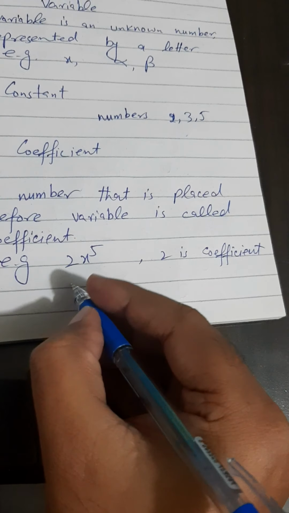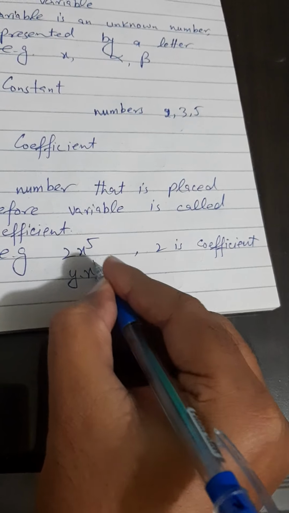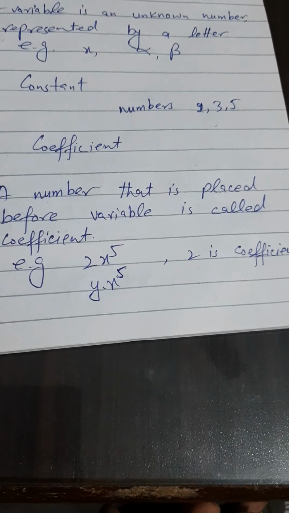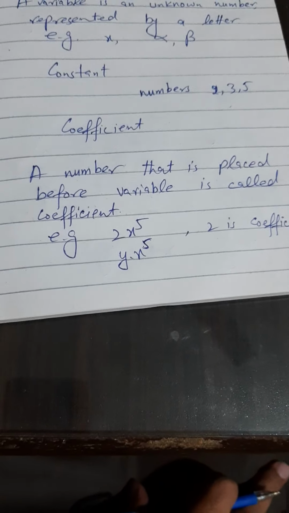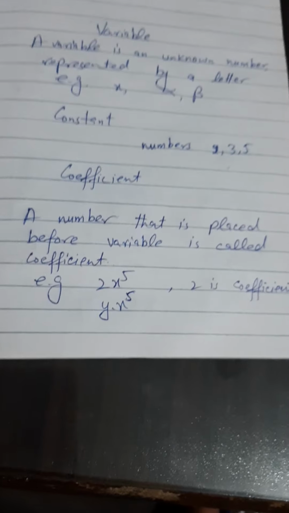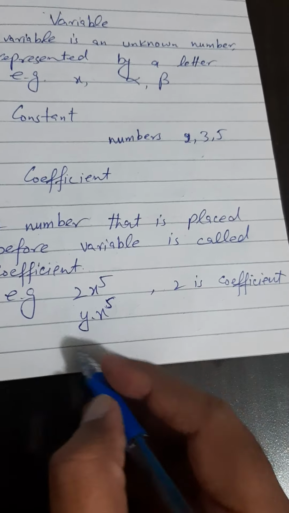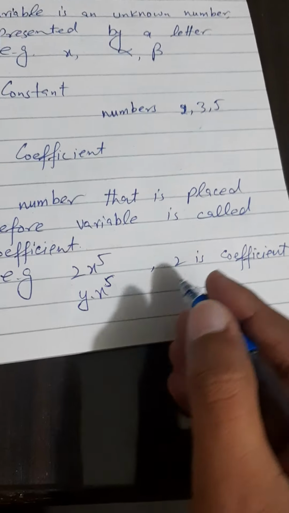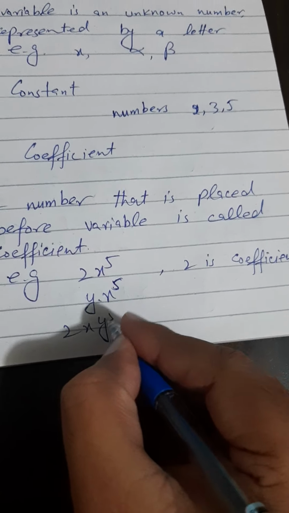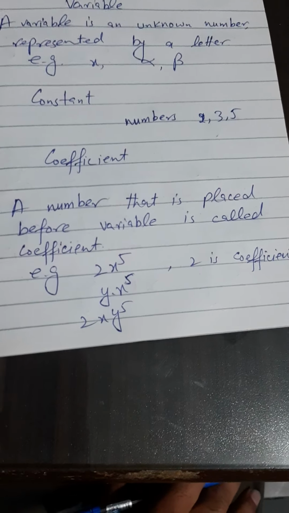If we write, for example, yx raised to power 5, then y is not coefficient. For coefficient there is condition that it should be a number and placed before a variable or variable term. Just like 2xy raised to power 5. In this 2 is also a coefficient.